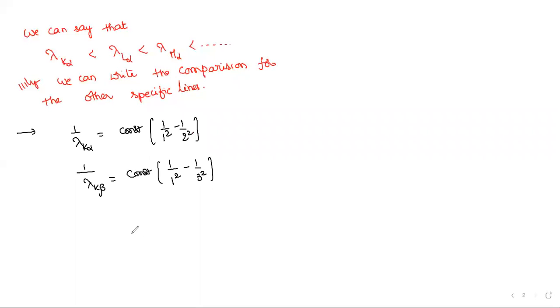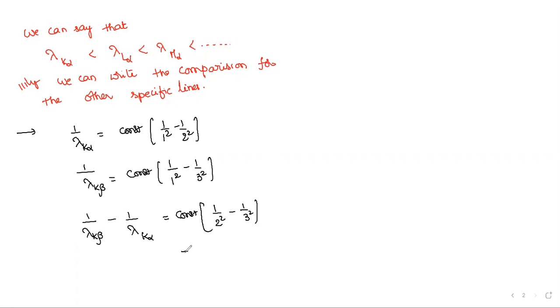Like in the previous explanation, by subtracting these two, 1 by lambda of K beta minus 1 by lambda of K alpha, you will get the same constant into 1 by 2 square minus 1 by 3 square.